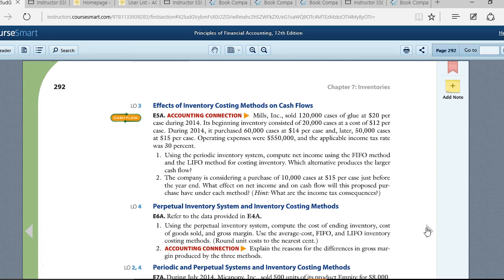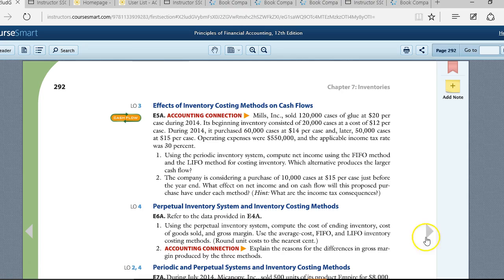During 2014, it purchased 60,000 cases at $14 per case, and later 50,000 cases at $15 per case. Operating expenses were $550,000, and the applicable income tax rate was 30%. Using the periodic inventory system, compute net income using the FIFO method and the LIFO method for costing inventory. Which alternative produces the larger cash flow?